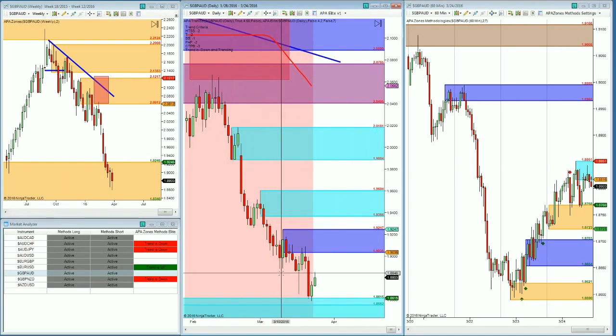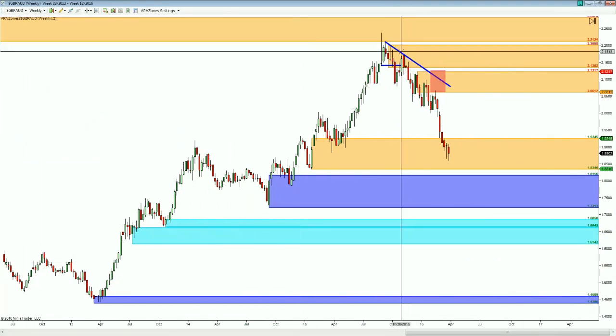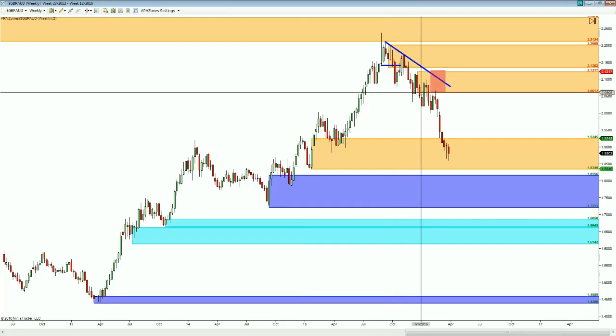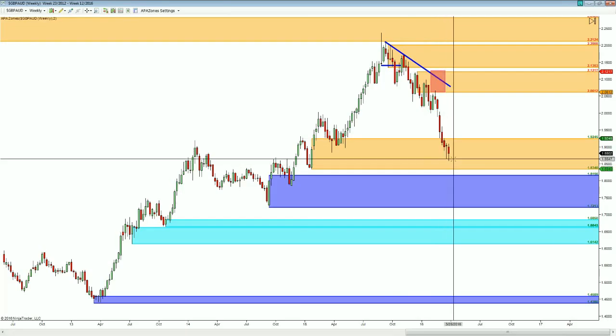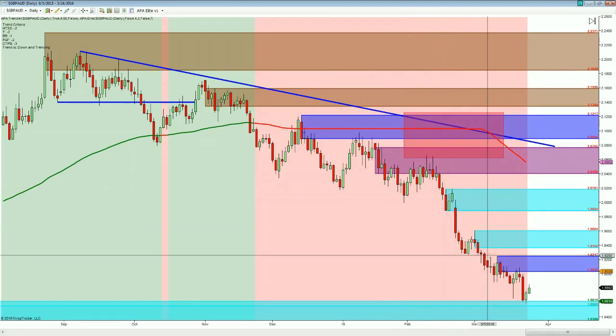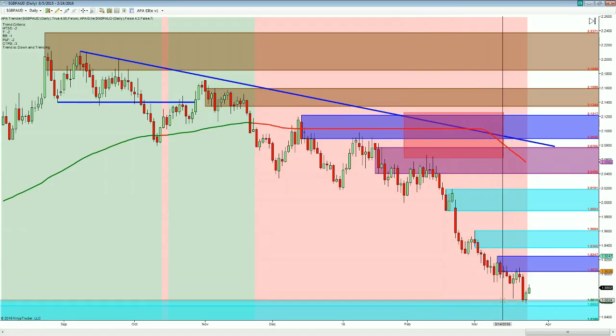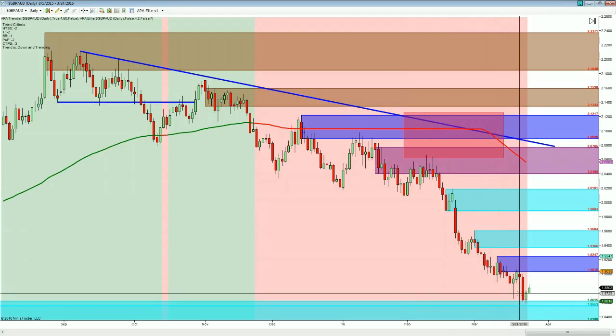But here we are on the pound Aussie, in a big downtrend. You can see the pound Aussie just expanded nicely from this weekly supply zone over here. And here we find ourselves back at weekly demand. You can see why price stopped, because it found a fresh daily demand zone, and it stopped, respecting this demand zone.